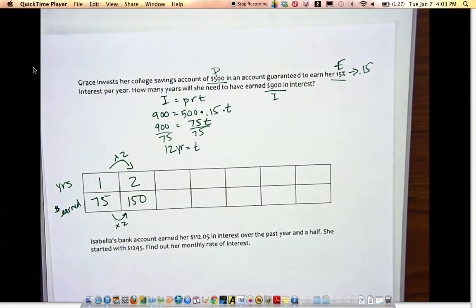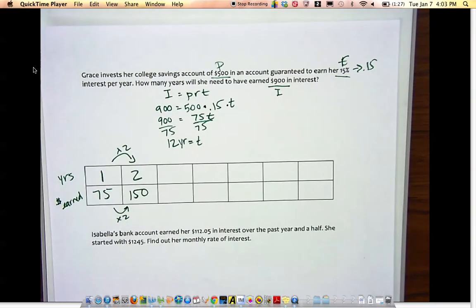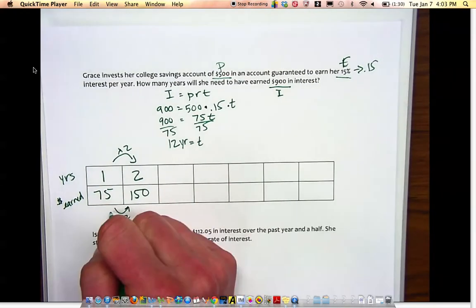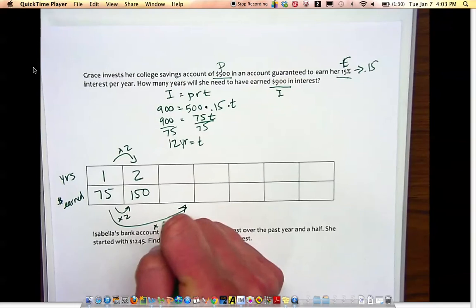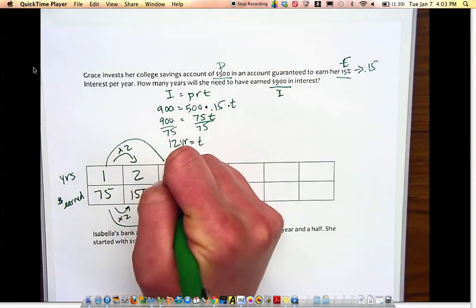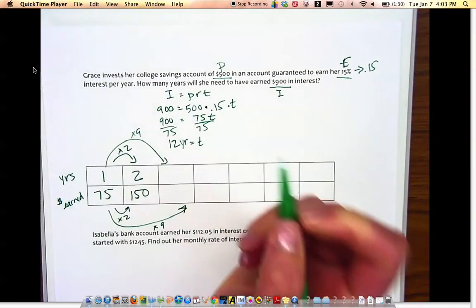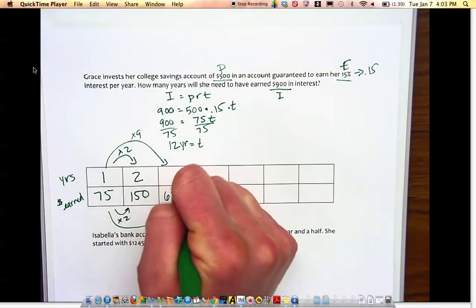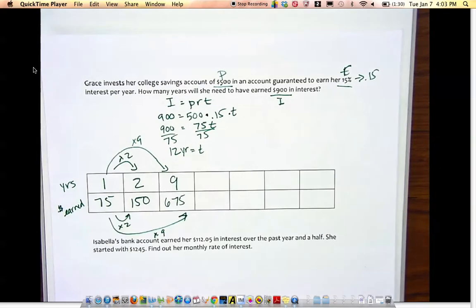Now I still want to go back to my original and multiply by 9, times 9. If I do 75 times 9, that's going to give me $675 in 9 years.